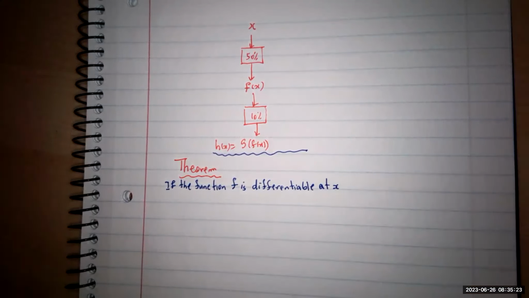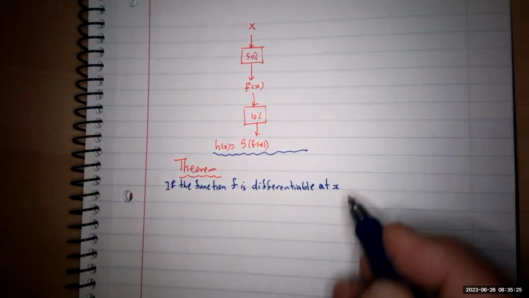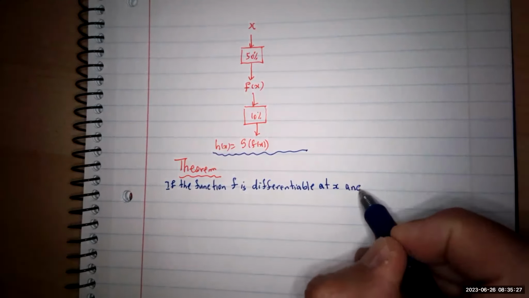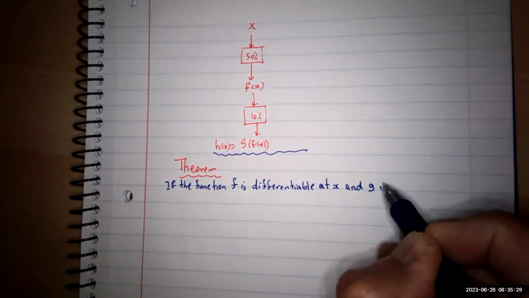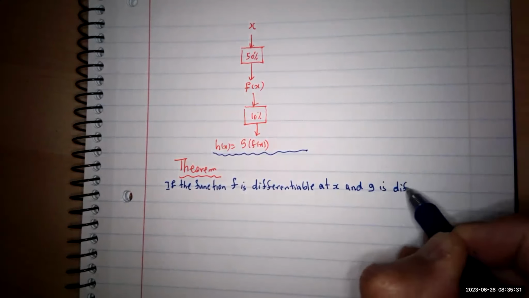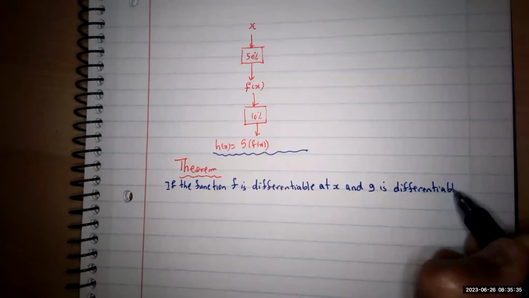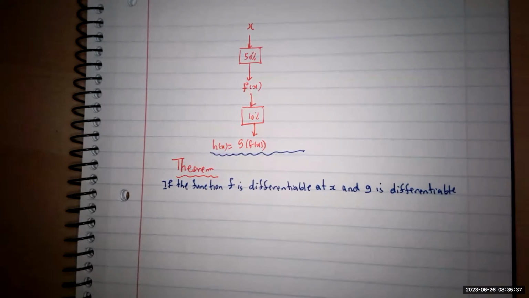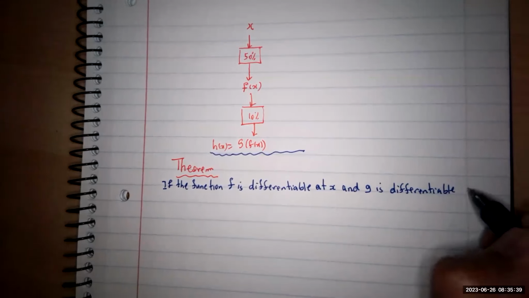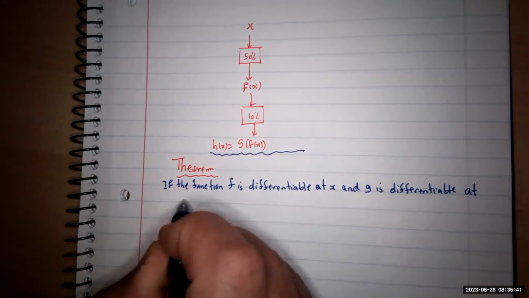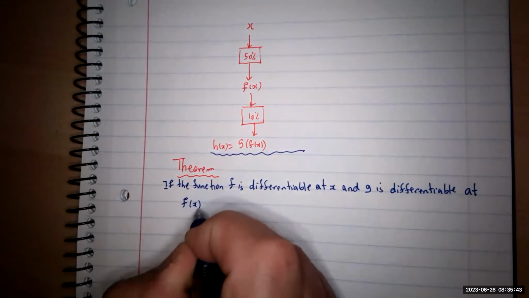So we make sure that we have f prime of x. And the outside function, g, is going to be differentiable. Of course, we apply the g to f of x, so this must be differentiable at f of x, the result that we're going to get.